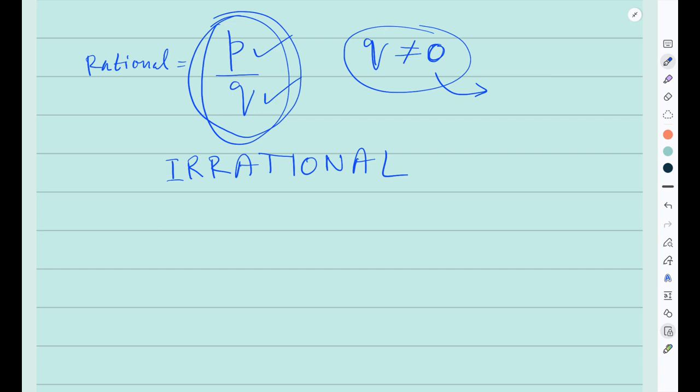That's why I will go very slow here, so that you understand 100%. So we already know the definition of a rational number, which is in the form of P by Q, whereas an irrational number could not be expressed in the form of P divided by Q.